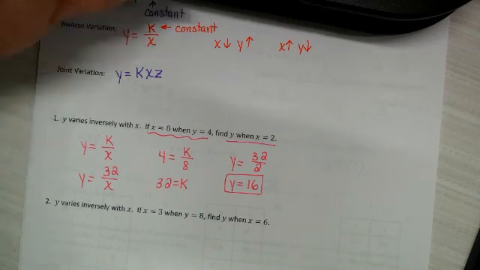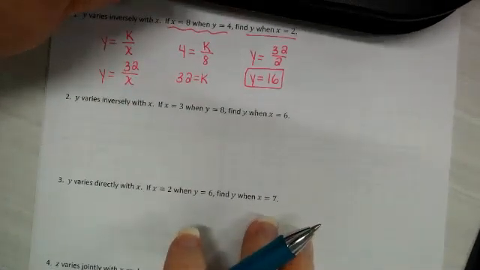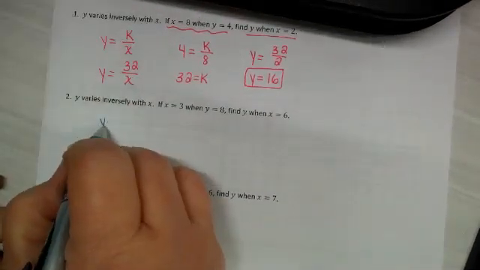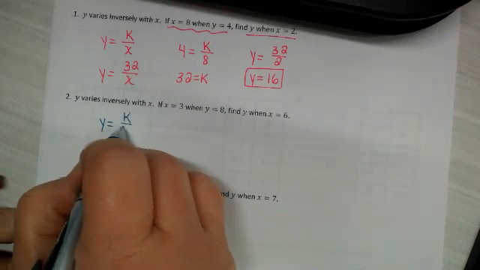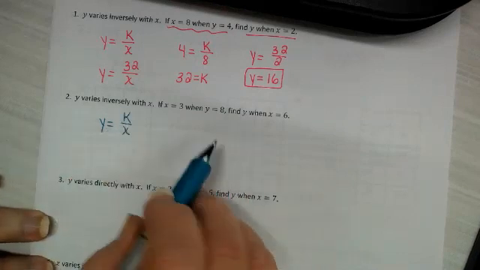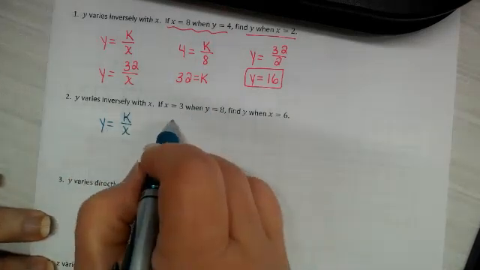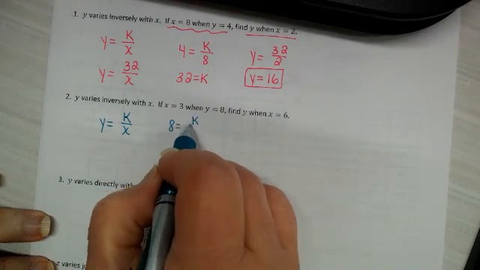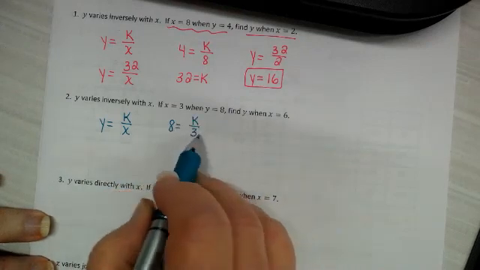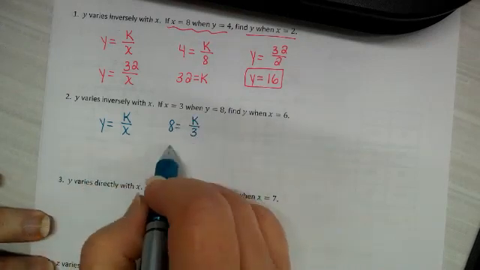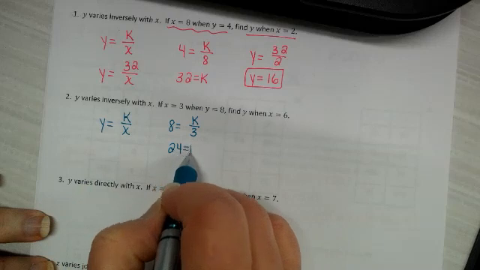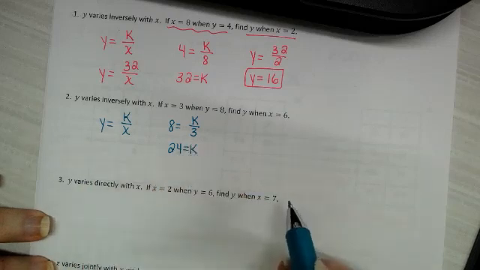The next problem is another inverse variation. So I'm going to start with y equals k over x. If x is 3 when y is 8, I multiply both sides by 3 and find out that k is 24.